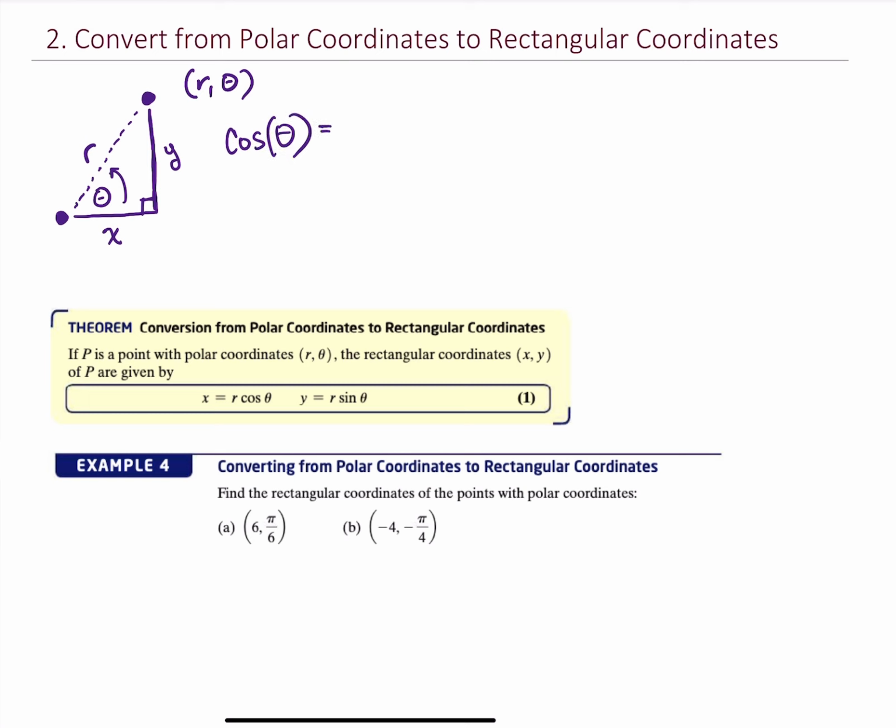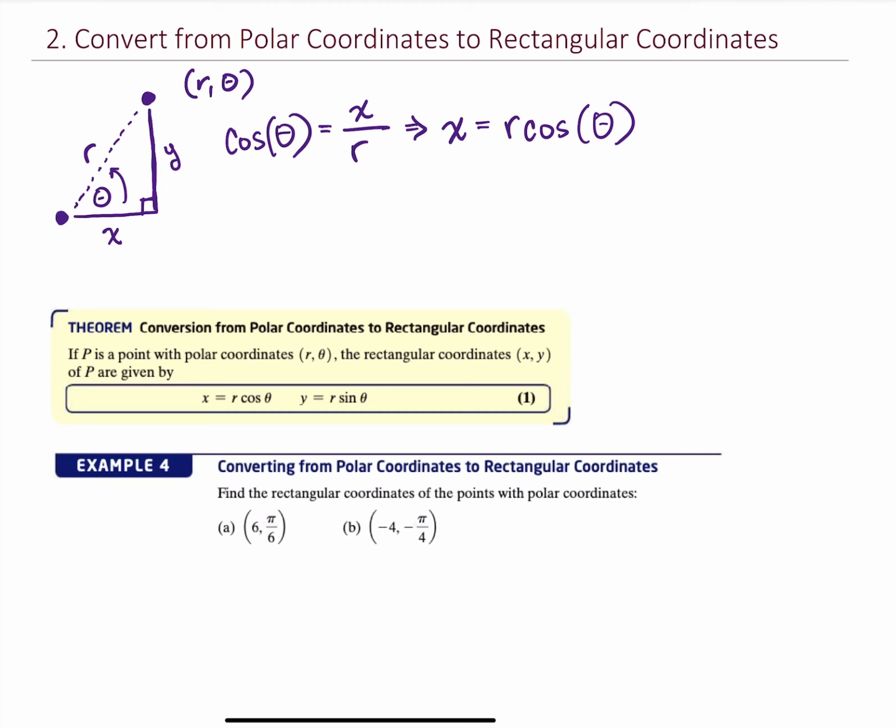So for this triangle, it would be the side length x over the hypotenuse r. Well, here we can just solve for x. So multiplying the r over, we get that x, which would be the x part of our coordinate point, will equal r times the cosine of theta. It's the horizontal component of this polar point.